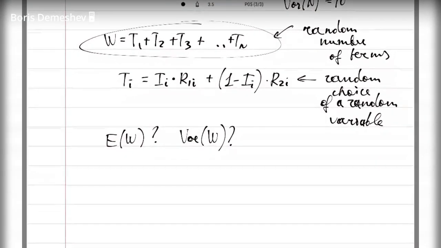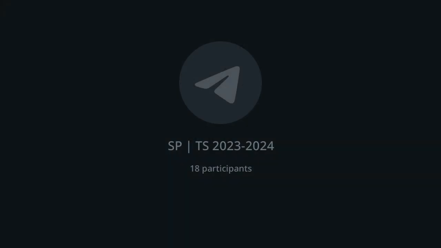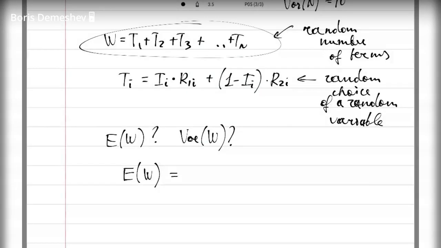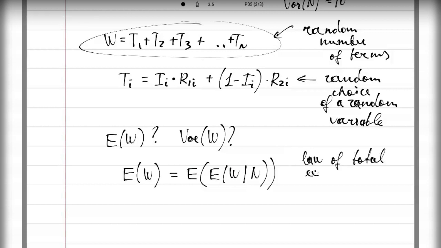Probably you know that expected value of W can be calculated as expected value of conditional expected value of W when you fix N. It's called law of total expected values, or it's called Adam's law, or what's the name?